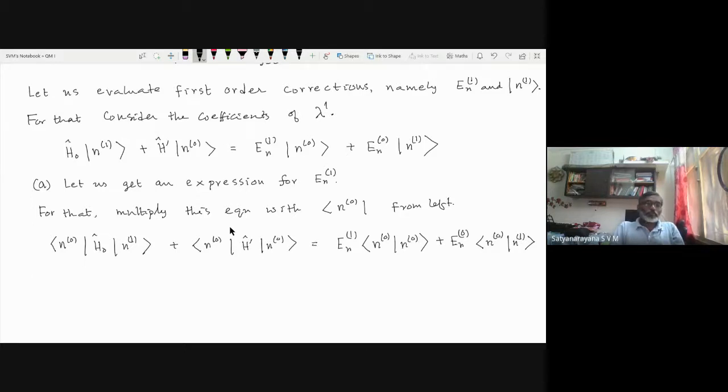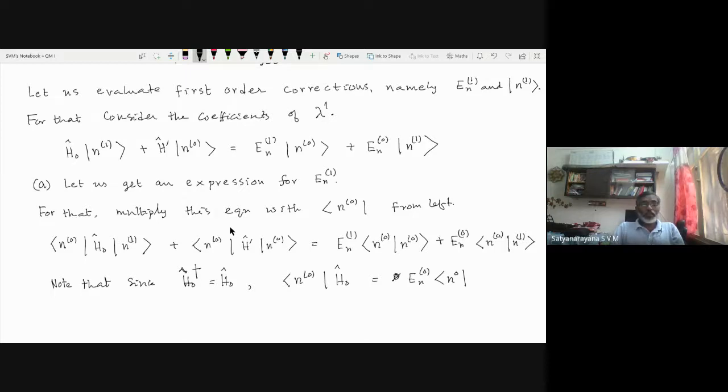So note that since H naught dagger is the same as H naught, n0 H naught is nothing but En0 n0, because for a Hermitian operator, bra vector and ket vector will give the same energy eigenvalue.